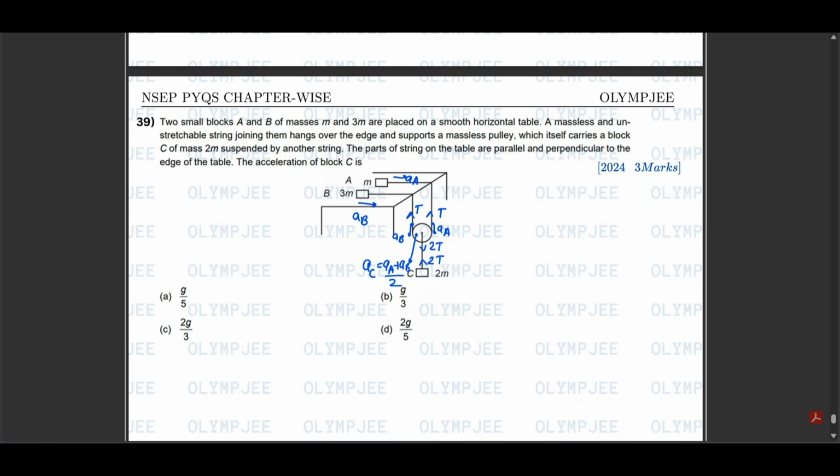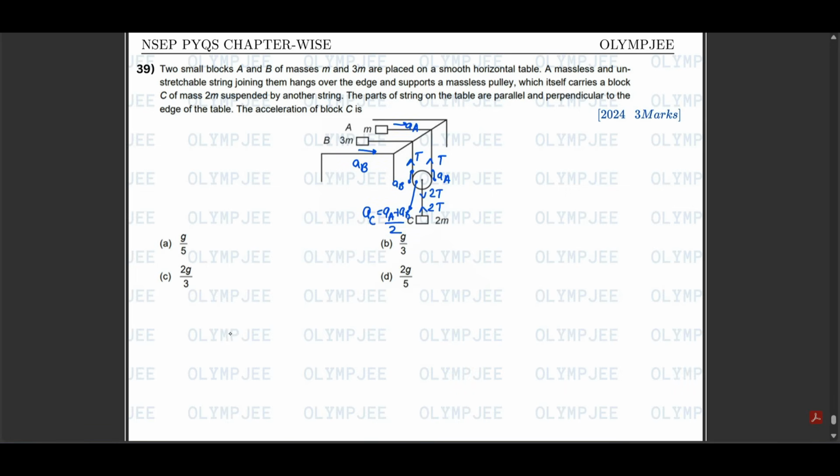So now we can write the equations of the three bodies. Here there is no other external force in the horizontal direction, so T would be equal to 3m AB, and T would also be equal to m into AA.